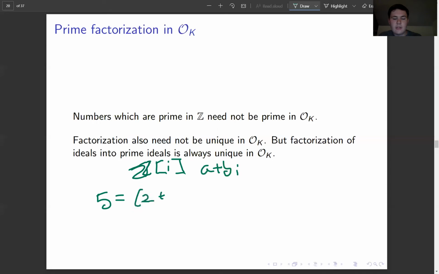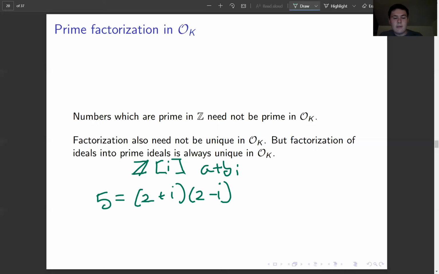This will factor as 2 plus i times 2 minus i. So even though 5 looks prime in Z, it's not prime in this ring of integers. And you have to do some work to show that neither of these elements is a unit in this ring, but take my word for it that neither of them are, and this gives you a non-trivial factorization of 5 in this ring. So sometimes primes aren't prime when you think of different rings of integers.